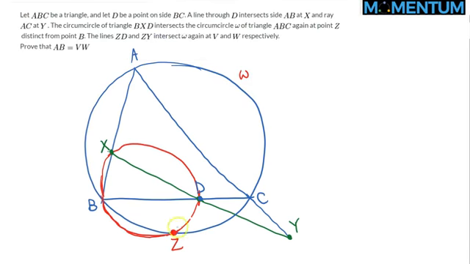So I just draw ZD. I let it intersect the first circle omega at the point V, and similarly I draw ZY. Okay, so somewhere here it intersects at the point W.